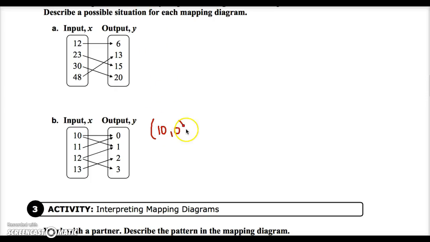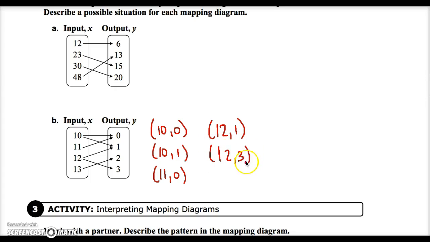So 10 goes with 0 and 10 goes with 1. 11 went with 0. 12 went with 1 and 12 went with 3. And then finally 13 went with 2. So you could go back and forth between these two. If they give you a mapping diagram, you can write the ordered pairs from it. If they give you ordered pairs, you can write a mapping diagram from it as well.